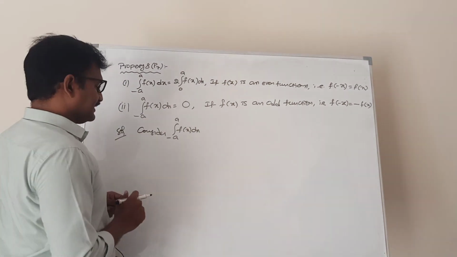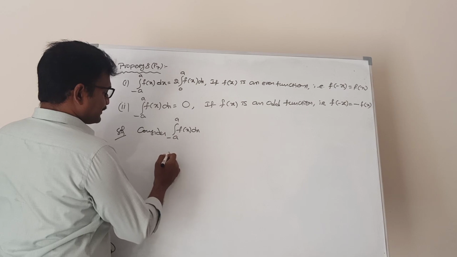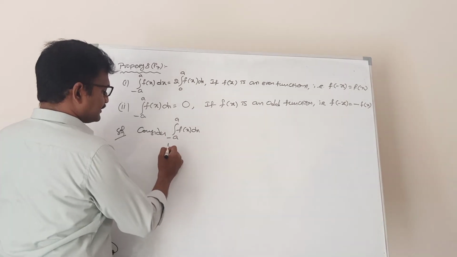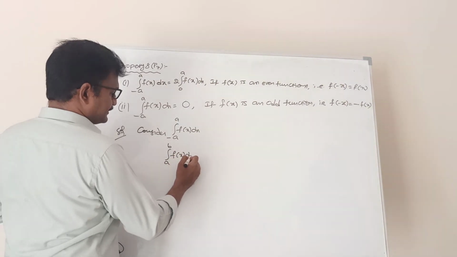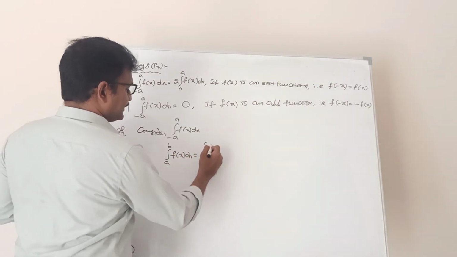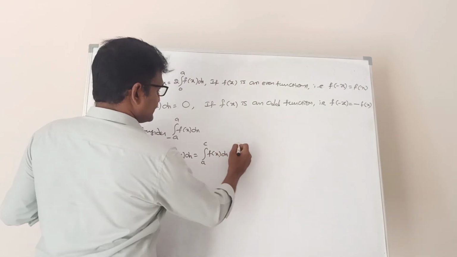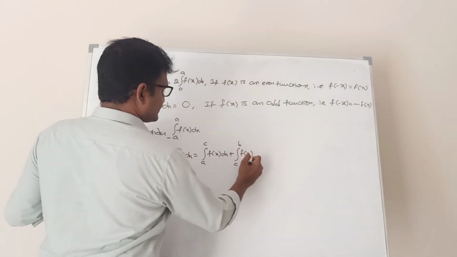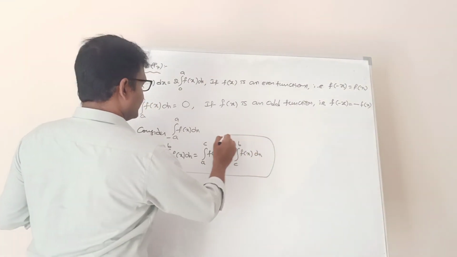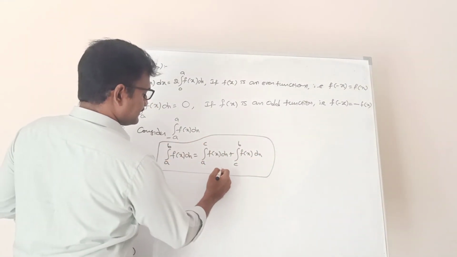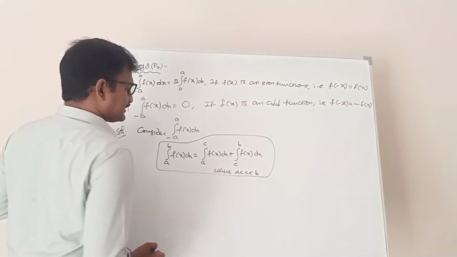Next, consider the LHS in this. According to the third property, what is the third property? Integration of a to b f of x dx is equal to integration of a to c f of x dx plus c to b f of x dx, where a is lesser than c, which is lesser than b.